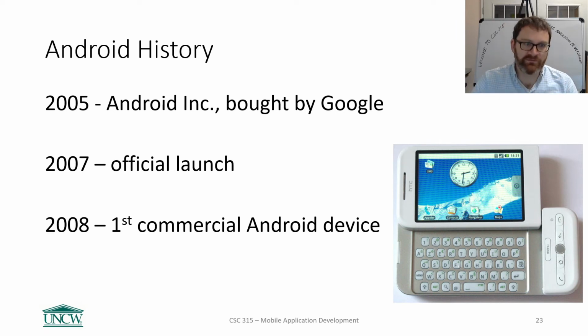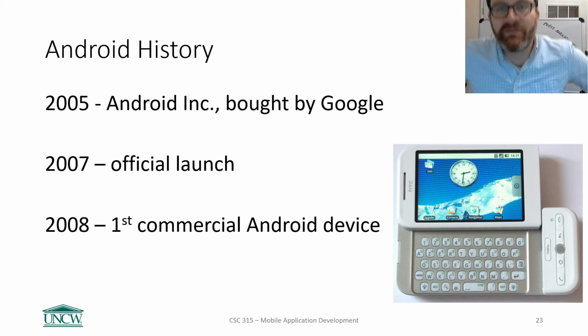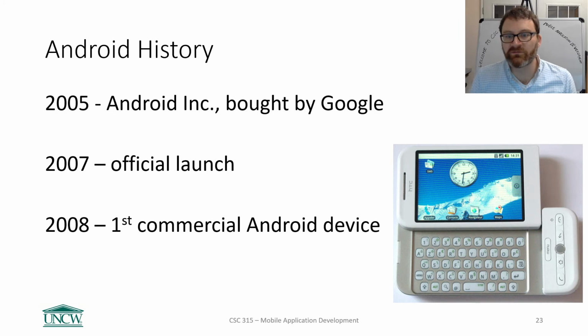So they bought Android. They launched the official Android operating system in 2007. Google was also getting into the small cheap laptop market, the Chromebook, and they're getting into the tablet market. And then in 2008, the first commercial Android device was launched.